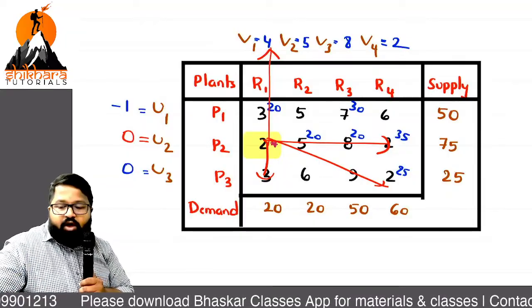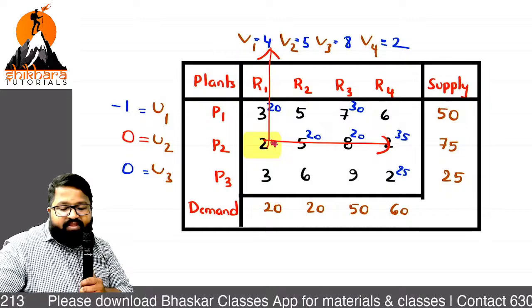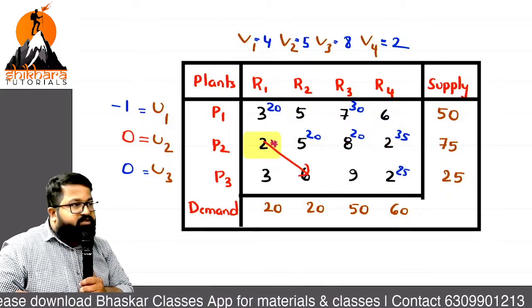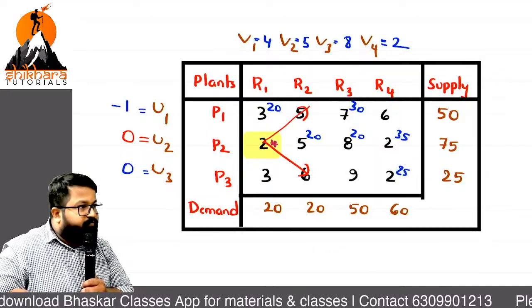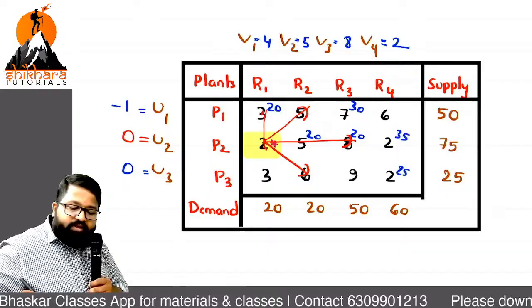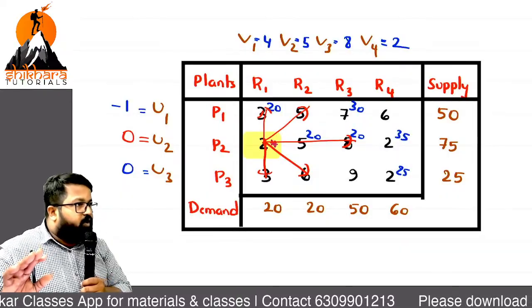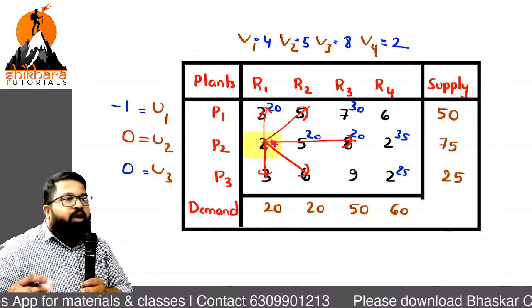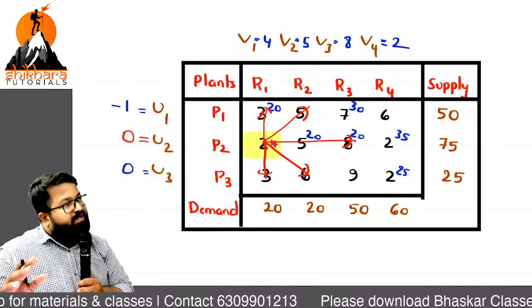Sir, I cannot go like this, I cannot go like this, but I can go like this in a straight way, or like this, or like this. Only two directions. What are those two ways, ma? Horizontal or vertical, but never in a diagonal manner.